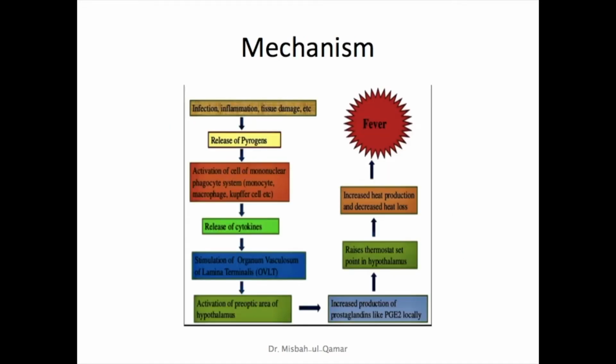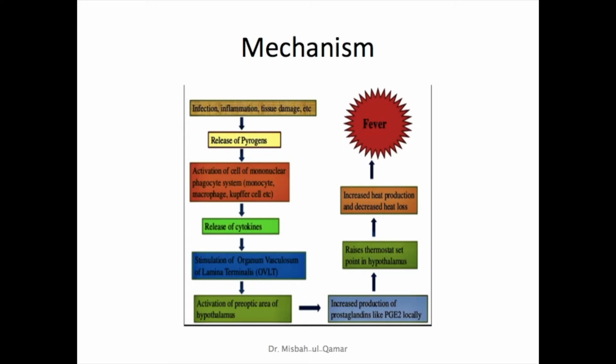Now we will focus on the mechanism which is responsible for the genesis of fever. In fact, there is a resetting of the hypothalamic temperature regulation center by the pyrogens. Now, these pyrogens, they are the substances which can raise the hypothalamic set point above normal.